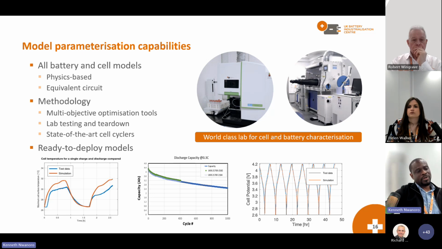You can see how accurate they are. Again, you can see some of the cycling voltage profiles on the right corner. You can see how accurate the simulation predictions can be, and that is because we have this in-house capability to develop and optimize our models.